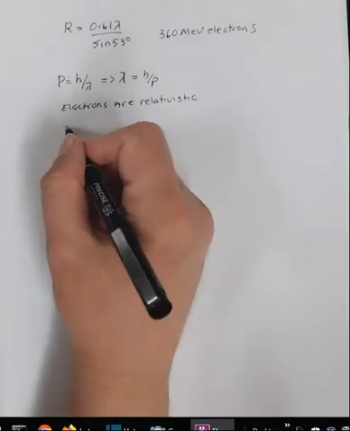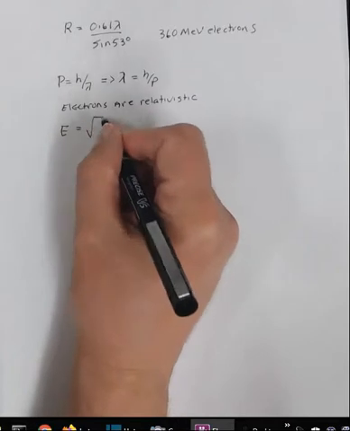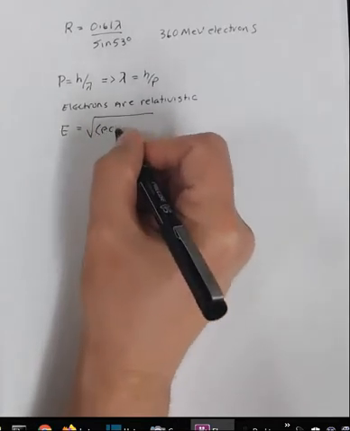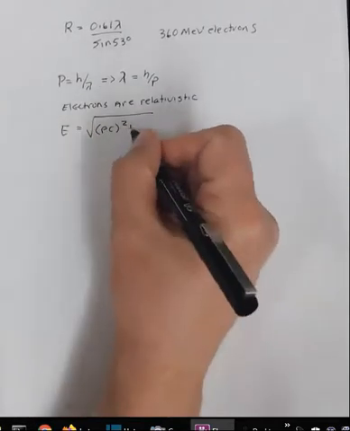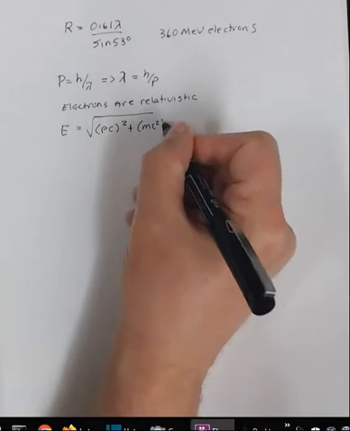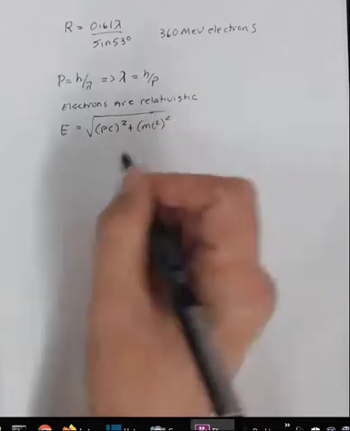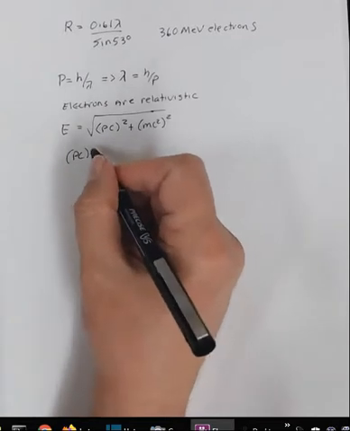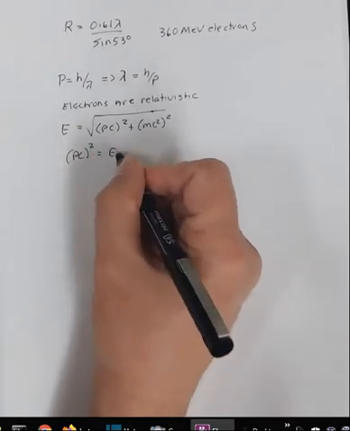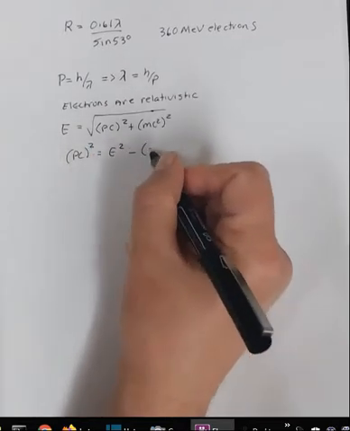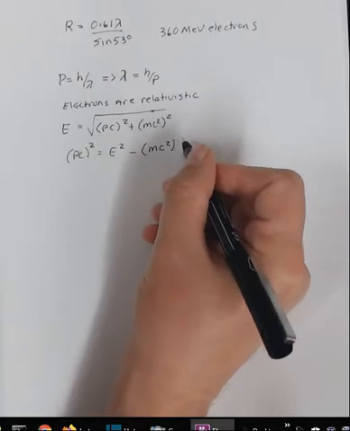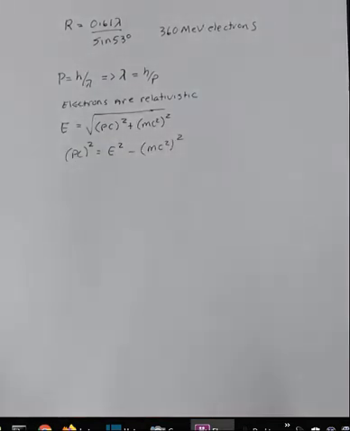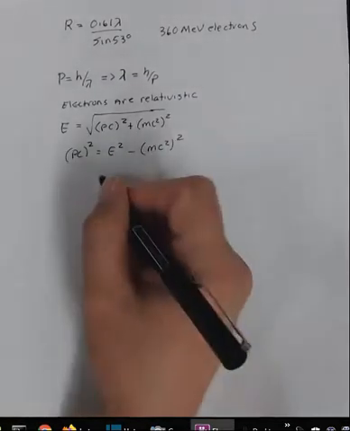The energy is equal to the square root of (the momentum times c) squared plus (mc squared) squared. From this you get (pc) squared equals E squared minus (rest mass c squared) squared.